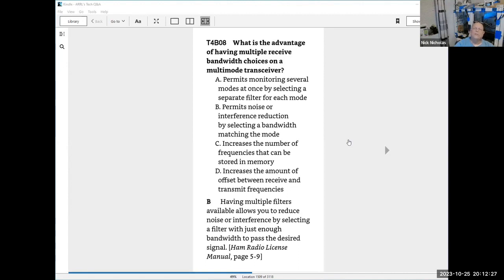And by doing this, we can narrow in the bandwidth that we're receiving with various filters. Today, we do it with digital filters to narrow those things in, but we used to use adjustable crystal filters, and they work very well.